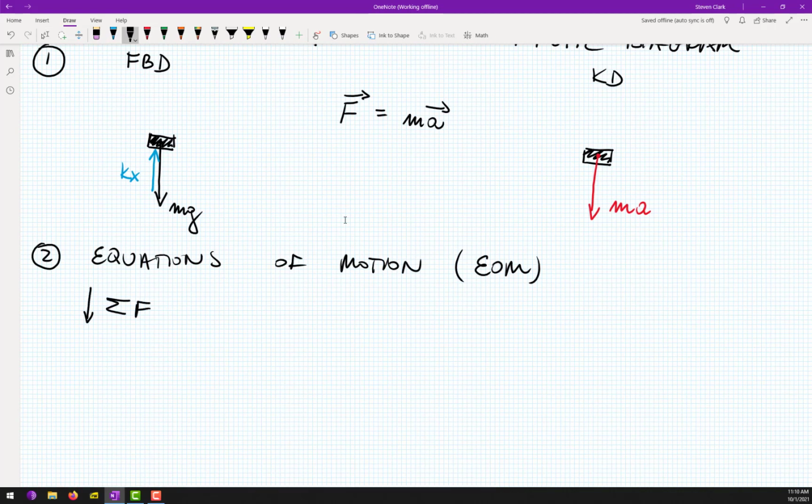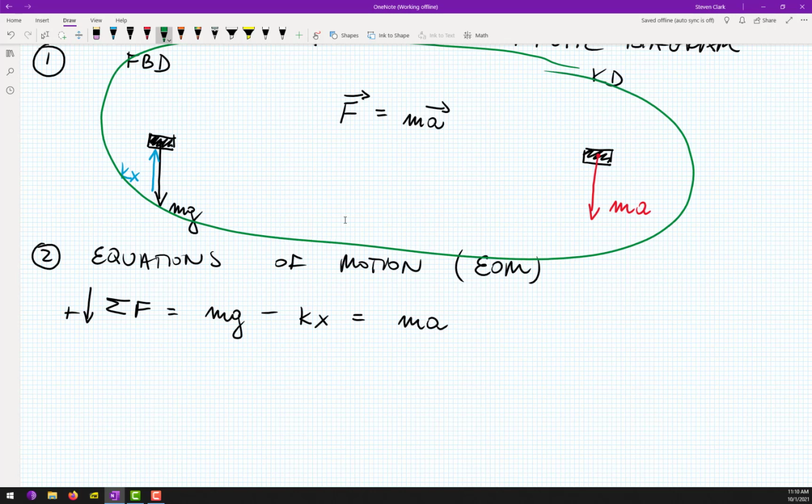And this is positive direction. So I believe that mg acts in the positive direction and kx acts in a negative direction. And this is equal to ma. That's it. Okay, so I hope, guys, that you can see that FBD and KD, these drawings, they correspond to this equation. Do you see it? Yeah.